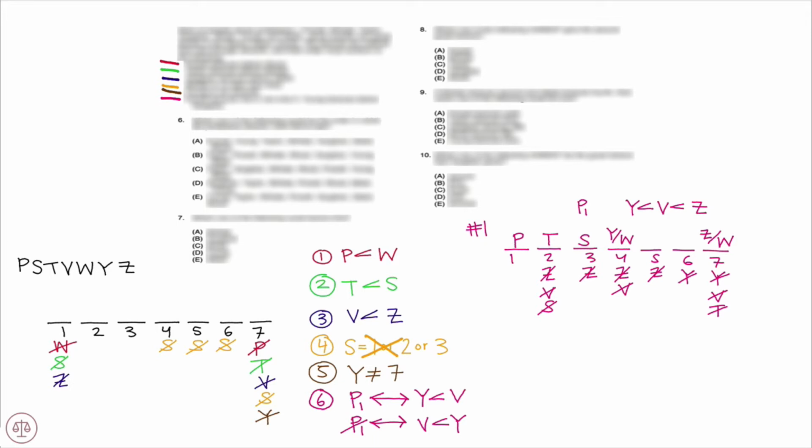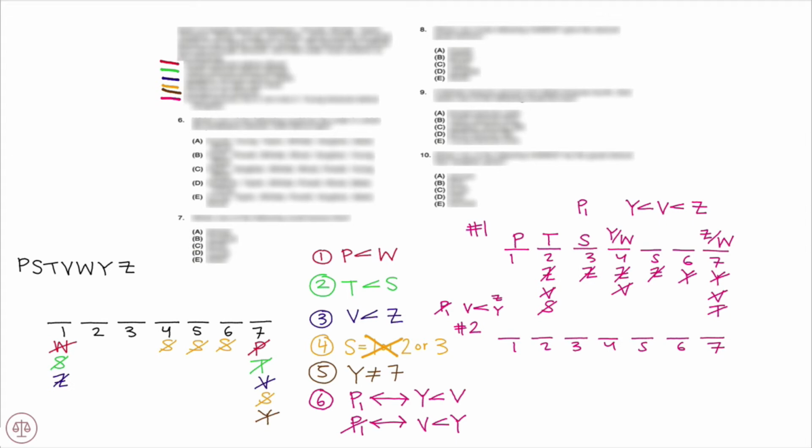Now, what if P is not first? So if P is not first, then we know that V is before Y, but rule number 3 tells us that V is also before Z, so V is going to be before Z and Y in this scenario. So we know P is not first. Now, our second most restrictive rule after rule number 6 is probably rule number 4 because it tells us that S is going to be either second or third.